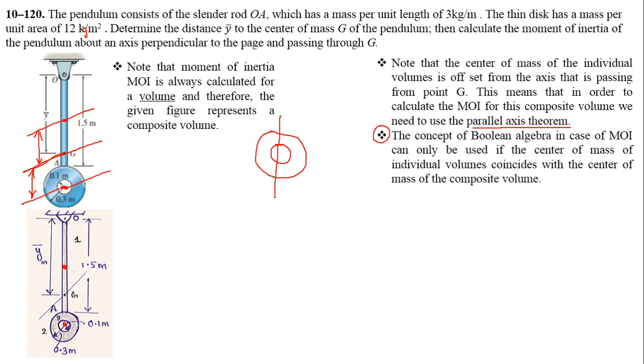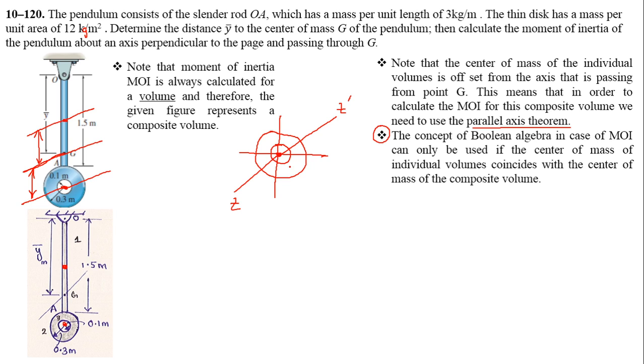And if I ask you to calculate the moment of inertia about this axis, sorry, the perpendicular axis, the z axis, you will notice that the centroid, or the center of mass, of the outer disk lies at z dash axis, and the centroid of the inner disk also lies on the same axis.